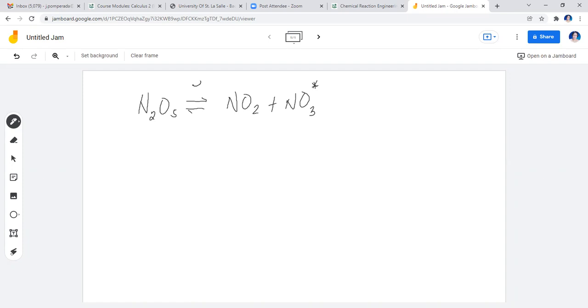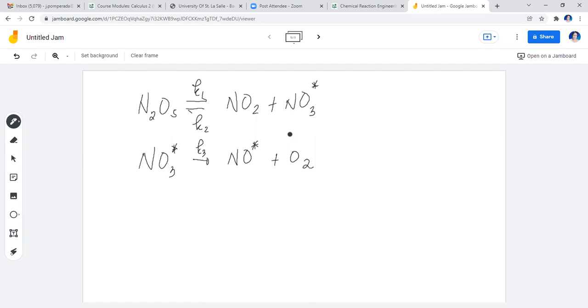And we have this rate constant, k sub 1 for the forward reaction, and we have k sub 2 for the reverse reaction. Then for the second, we'll have NO3, the intermediate that was formed in the first, now forming another intermediate, nitrogen oxide and oxygen. So we'll have the rate constant here, k sub 3.